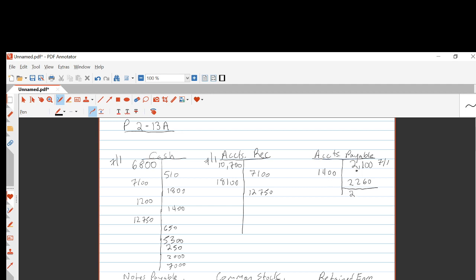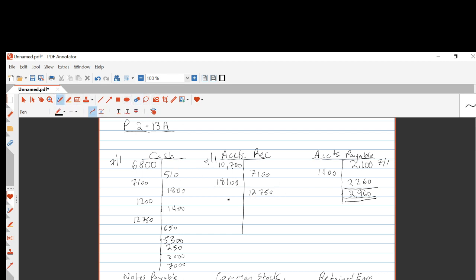But it's 4,360. It's 40 shy of 3,000. 2,960. Ending balance in accounts payable. Of course, you can use a calculator, but I like to do it mentally because it's good practice.